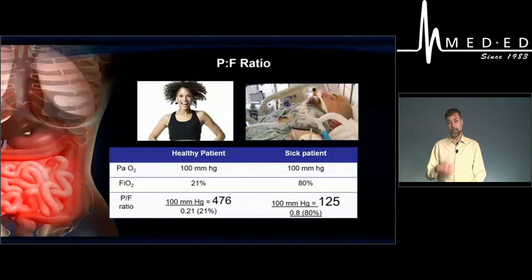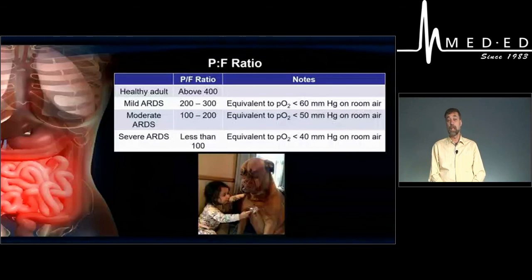He's in trouble. Now, I can figure this out by doing a PF ratio. If I took his PaO2 of 100 and divided by 80%, I get 125. That's an indication of pretty significant ARDS. That is telling me that he's not getting oxygen across the alveolar membrane.